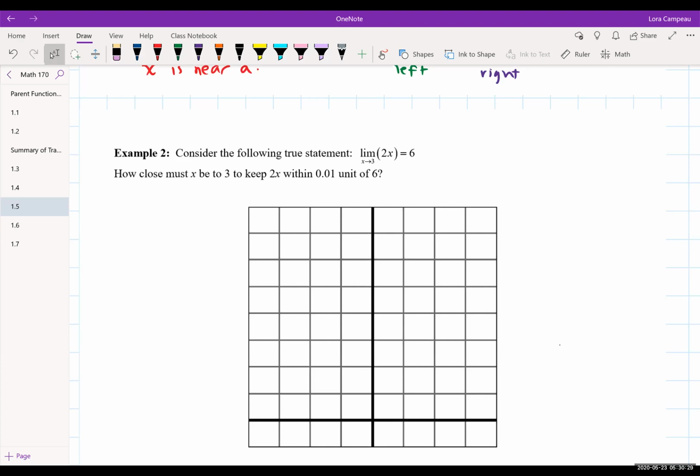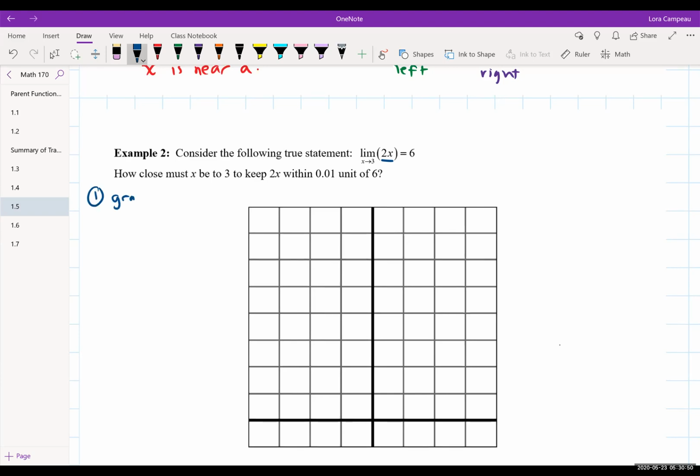So very, very close to 6. So just remember, when you're looking at your limit notation, the argument of the limit is always some sort of function. So it's a good idea if we're trying to explore this to look at the graph. We'll write this over here.